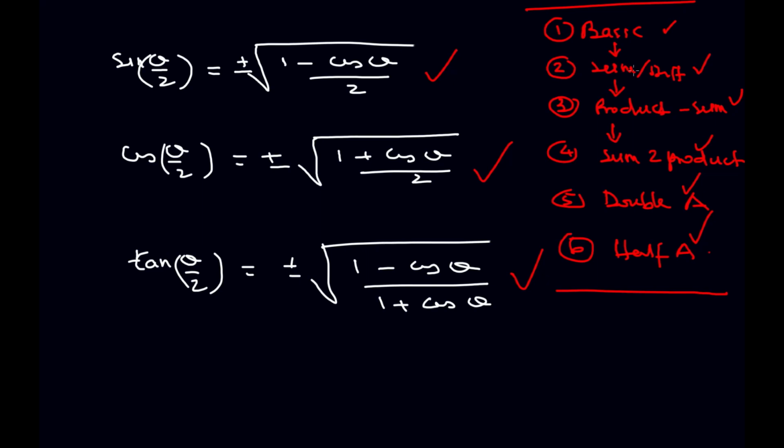The only thing you need to understand next is the reference angles, because this helps us with the domain when we are solving trigonometric equations. Okay, so next we'll look at the reference angles.